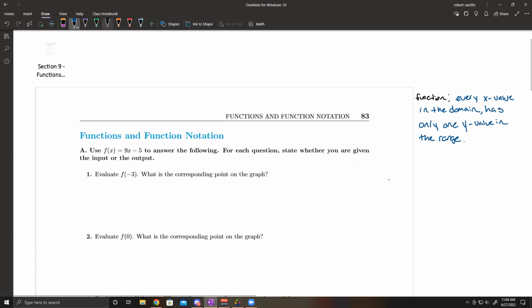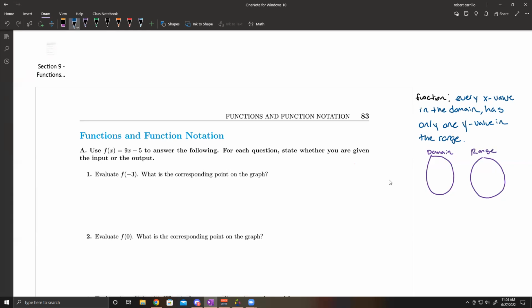Now that may not mean much to you right now because it's just a definition, but I can show, for example. Here we have a blob. This is my domain. And over here, another blob. This is my range.